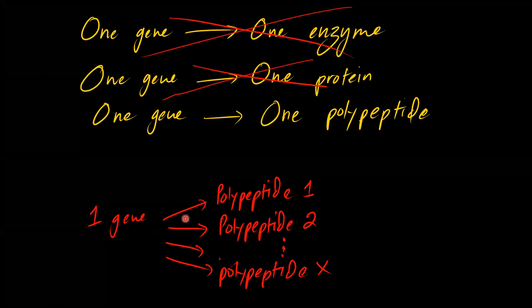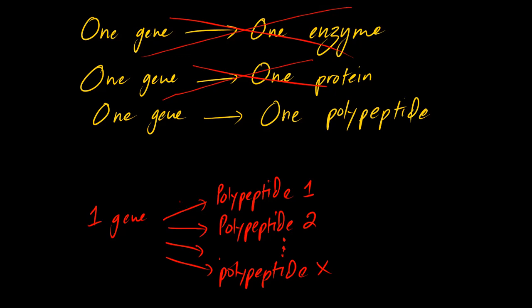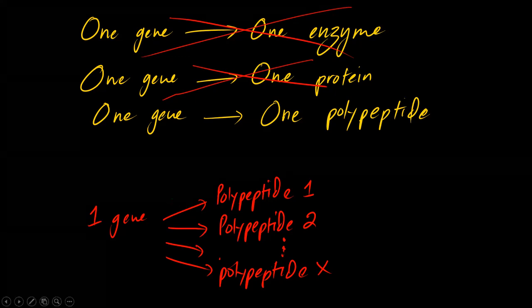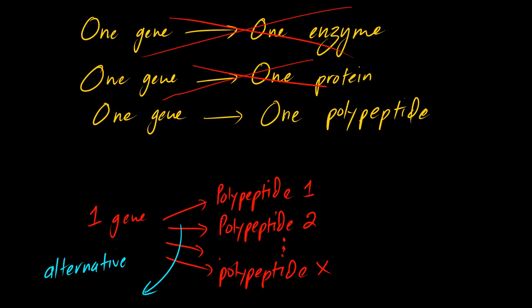And this is because of a process that we will later on learn about in this course. This is because of a process called alternative splicing. So we will learn about this in details, inshallah, in this chapter.